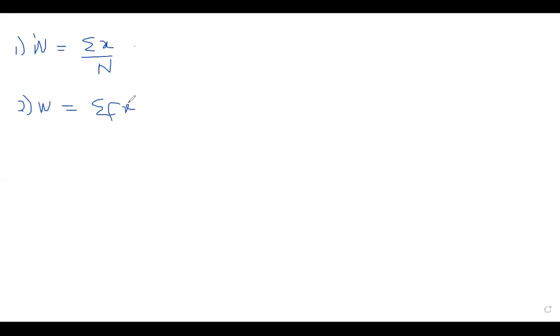Here your x is the midpoint. Take note of that. It's not the observation. So x is the midpoint in this case, over the summation of the frequency. So let's take some data sets and see what these formulas actually mean and how we can make use of them.